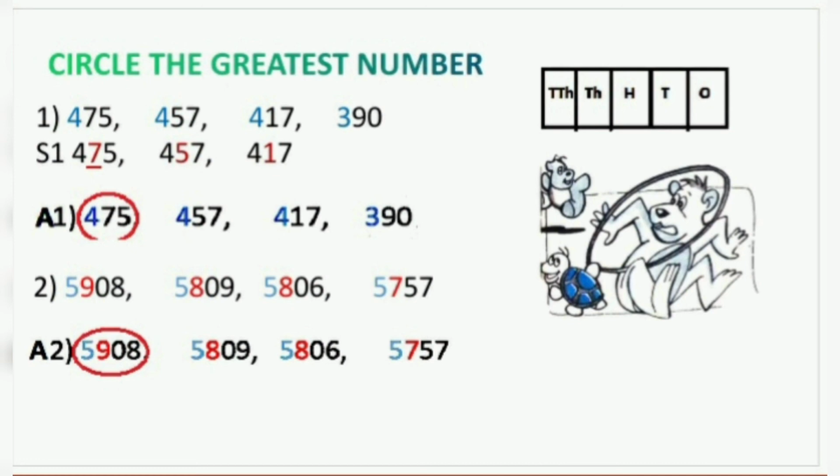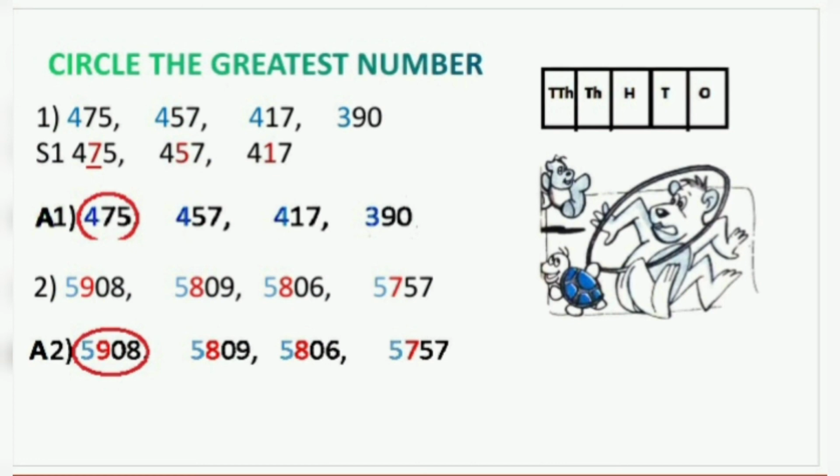You need to find out the first digit which is different. So here, looking at the hundreds place, you have the digits as 9, 8, 8, 7 respectively in each of these numbers. So which is the smallest one? Sorry, you need to find out the greatest number, right?